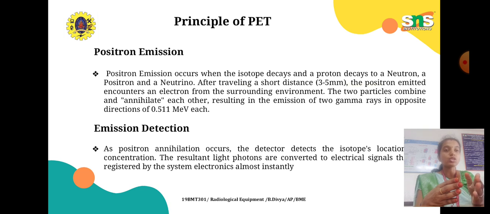After traveling a short distance of up to 3 to 5 millimeters, the positron encounters an electron from the surrounding environment.